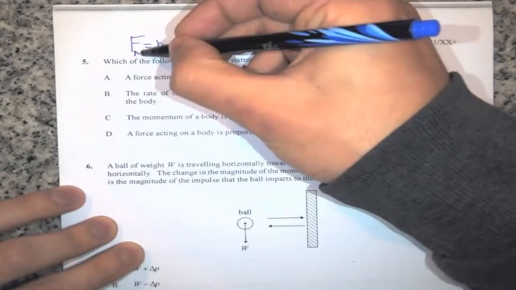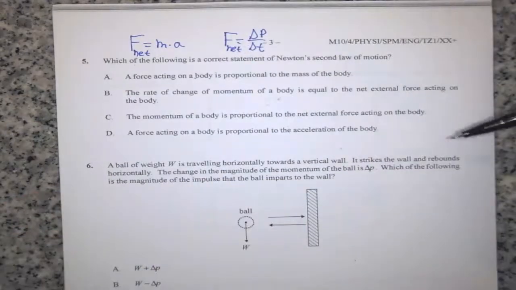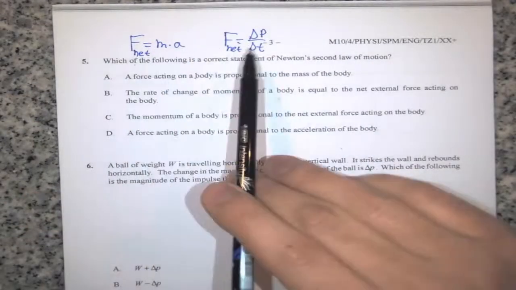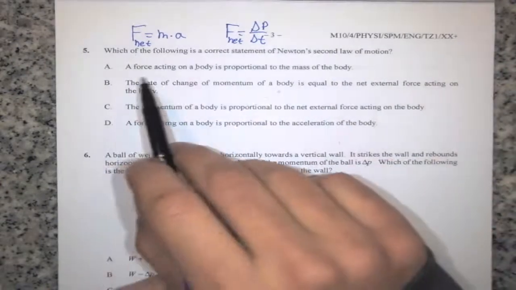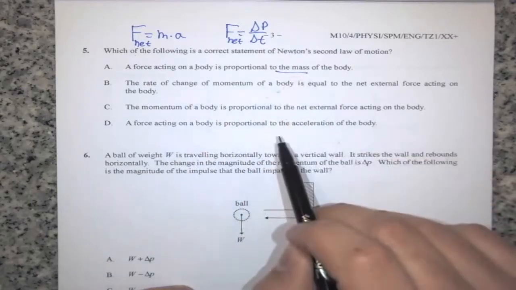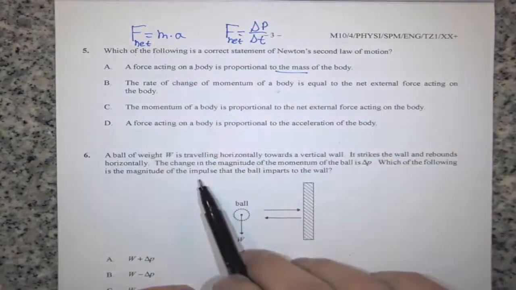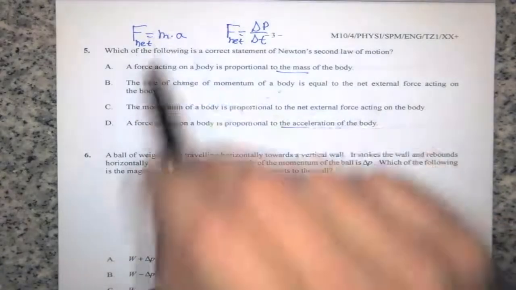Also, here it's not just force, it's the net external force. So what we're looking for is going to be based on these 2 equations. If you see the choices here, you have one that says a force acting on a body is proportional to the mass, so it relates to the mass, here the second equation. A force acting on a body is proportional to the acceleration, so it relates here with acceleration.